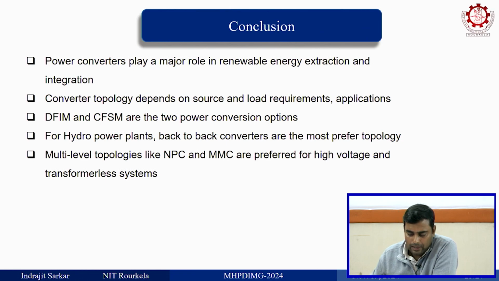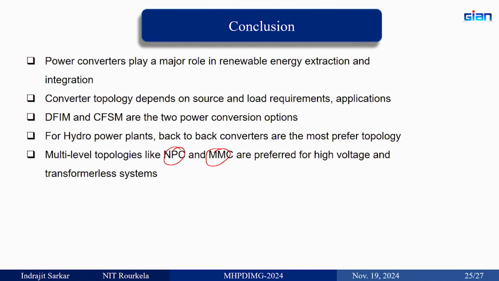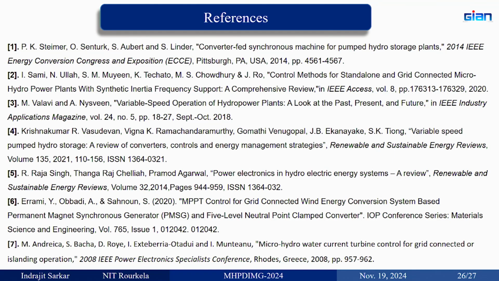Why do I limit myself to NPC and MMC? Because NPC is very stable, MMC is also very stable. Since MMC is suitable for HVDC, and there are papers where MMC has been used for motor drive applications as well. Okay. So, these are the references.